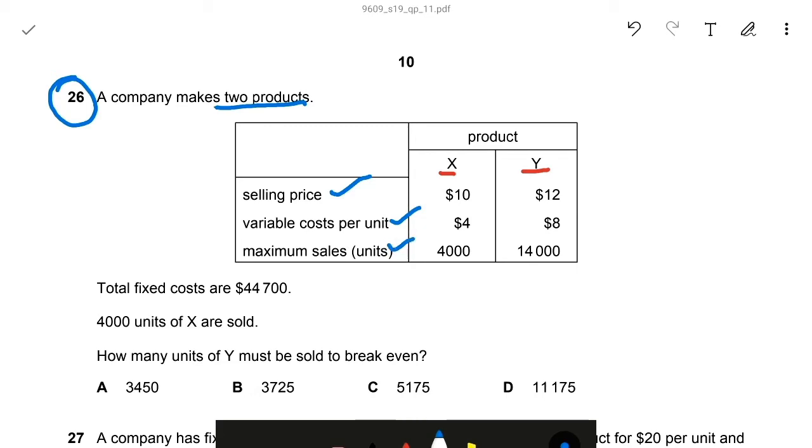Total fixed cost 44,700. 4,000 units of X are sold. X already sold. How many units of Y must be sold to break even? If X sold 4,000, then how many units should be Y sold to break even?